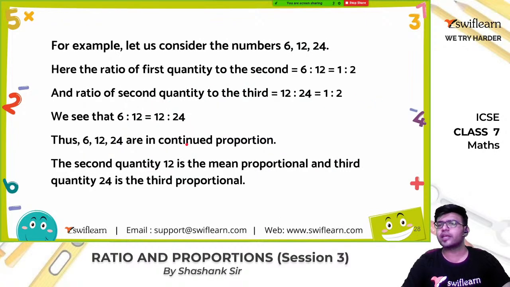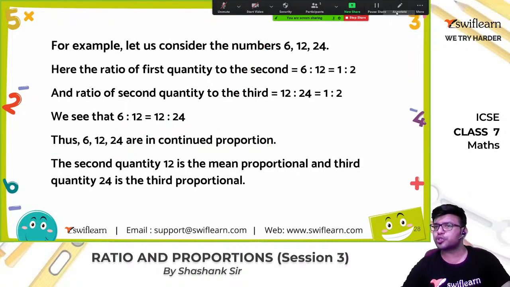So yes, for example, okay, let us consider 6, 12, 24. The ratio of first to second is 6 by 12, which is 1 by 2. The ratio of second to third is 12 by 24, which is also 1 by 2. We see that 6 by 12 is equal to 12 by 24. Thus, these are in continued proportion.